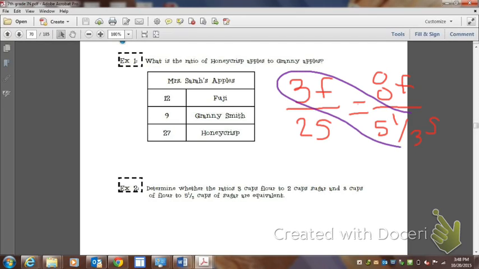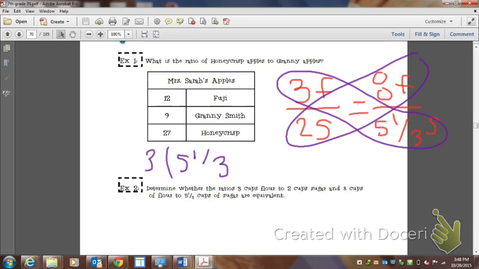So I'm going to take this side and this. So this equals 3 times 5 1/3. And we're going to see if that's equal to 2 times 8. Okay?